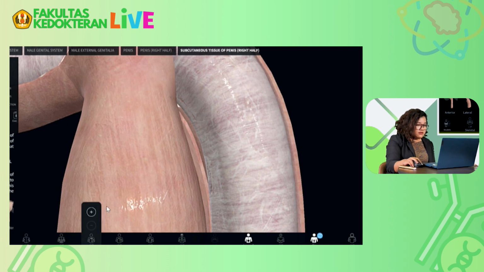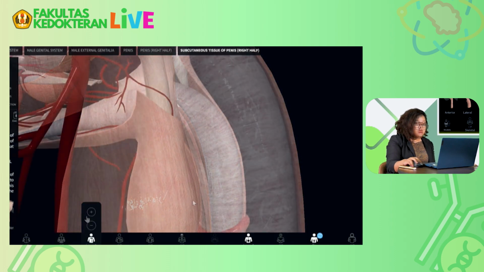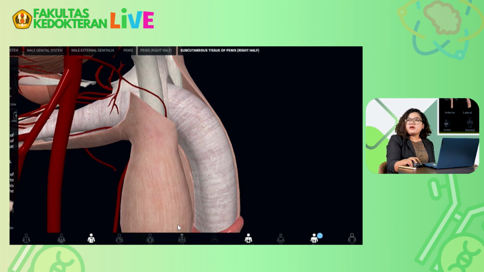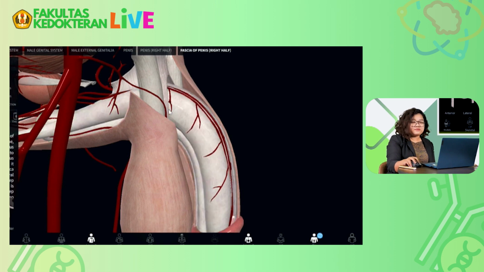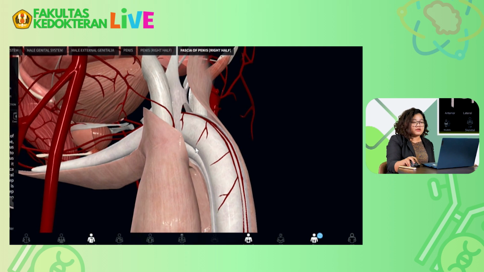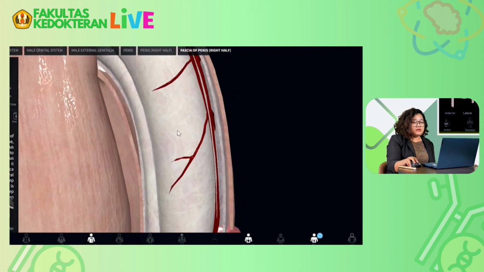And then after the blood and lymphatic vessels, it has the fascia, and then the erectile tissues. On the innermost part, it has the urethra as well.